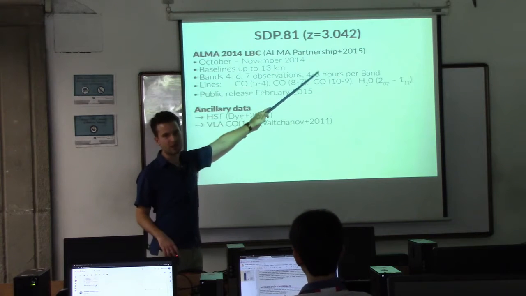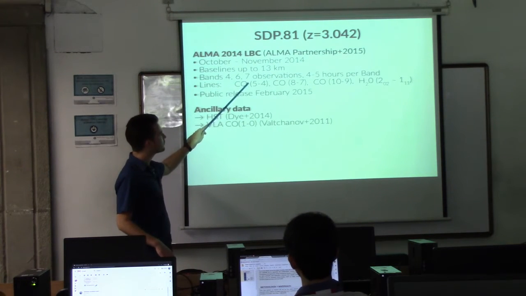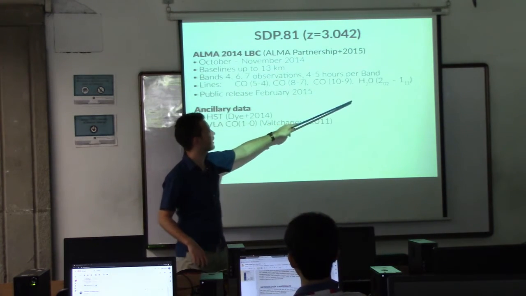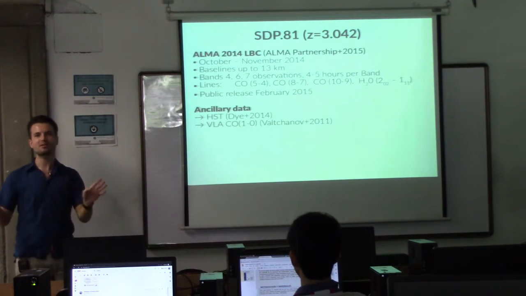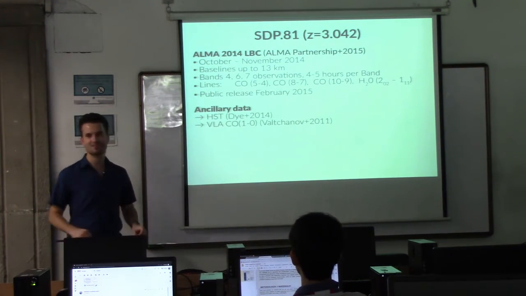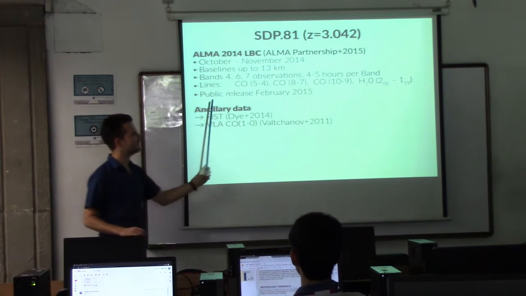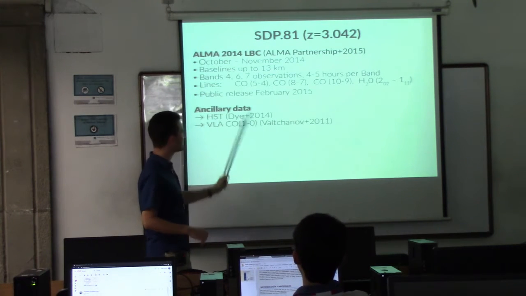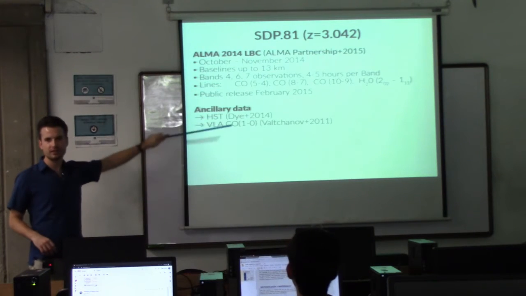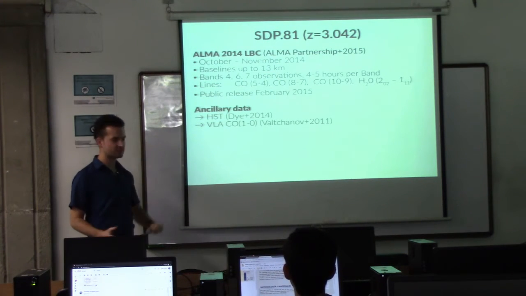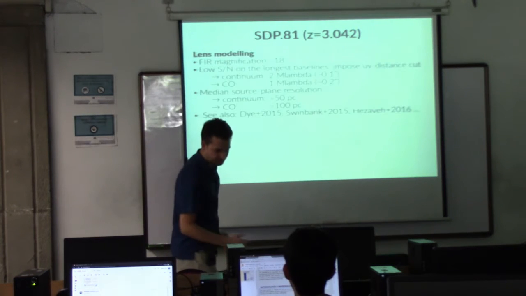This is a lot for ALMA. They got 3 CO lines and a water emission. All the data was released publicly to everyone in February 2015, so there was a hard time of a year because we wrote a paper in 3 weeks. There is a lot of ancillary data from HST, high resolution images. There are some VLA observations.